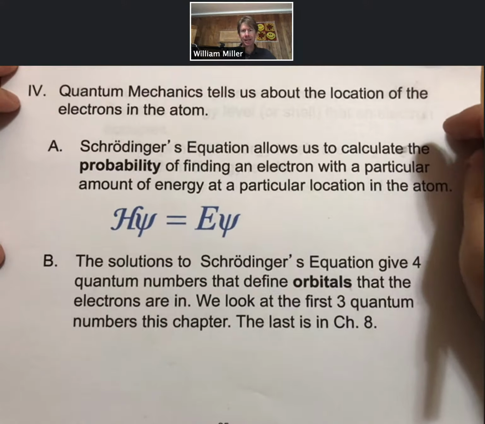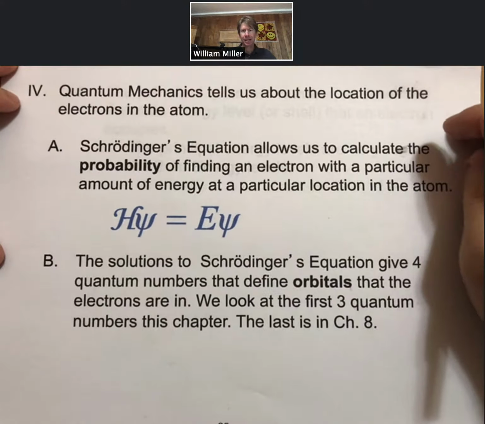And then let's see. So if we draw a little table here, and we say L, the L values will also be associated with letters. And those letters will have certain shapes for us, as we'll see. So L equals 0 is what's going to be called an S. L equals 1 is going to be a P. L equals 2 is going to be a D. And L equals 3 is going to be an F. Each of these letters will have specific shapes.